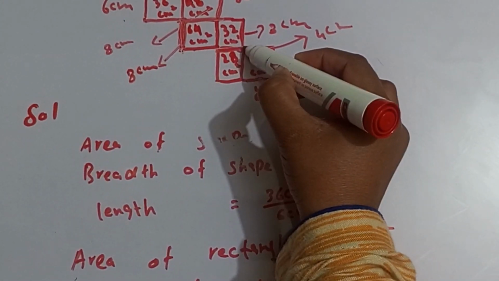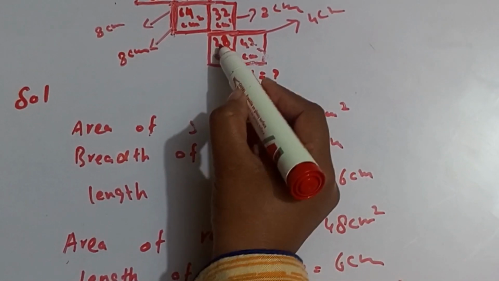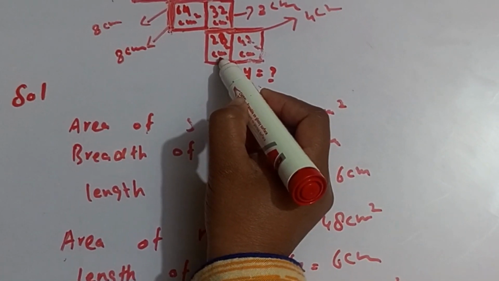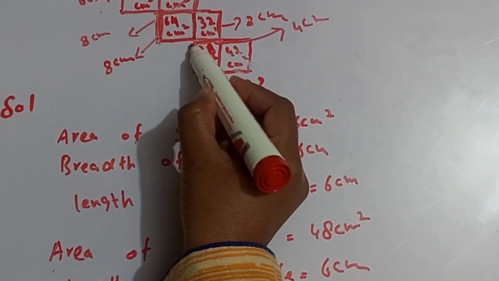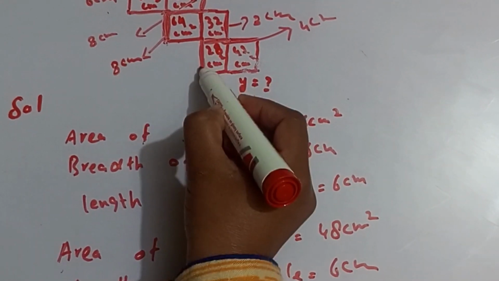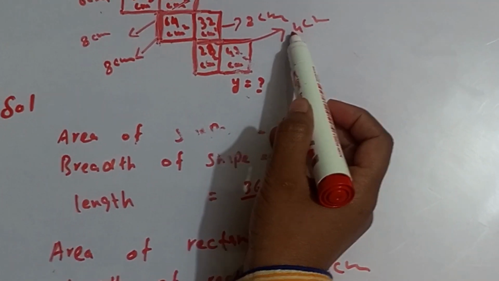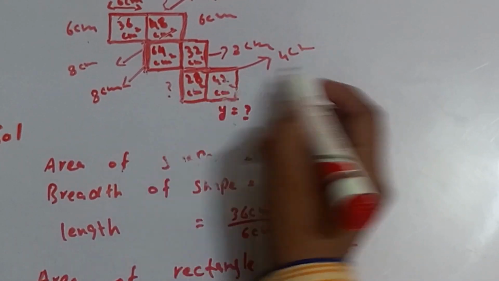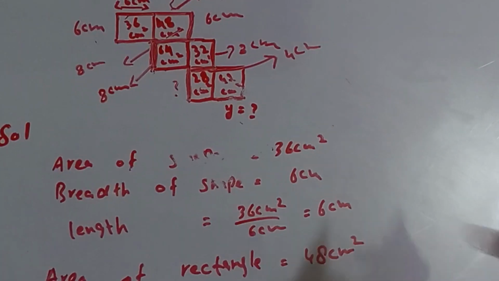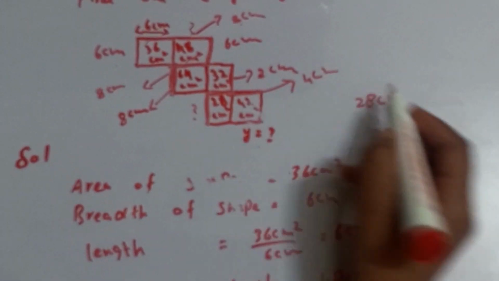If this one is 4, now focus on this next shape. The area of this is 28 centimeter square and this side is 4 centimeter. So we need the length of this side. For this we also divide this area by this side, 4. To find the length of this side, we divide the area, which is 28 centimeter square, by one side, 4.